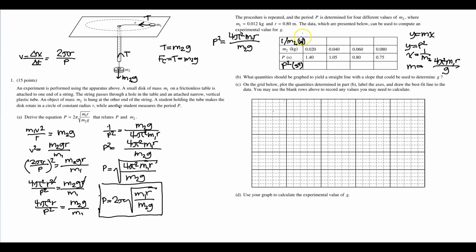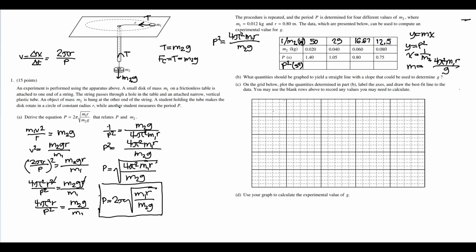That's 50. Then we have 1 over 0.040. That's 25. Then you have 1 over 0.060. That's 16.67. Then you have 1 over 0.080. That equals 12.5.